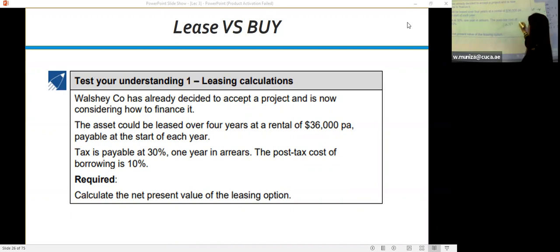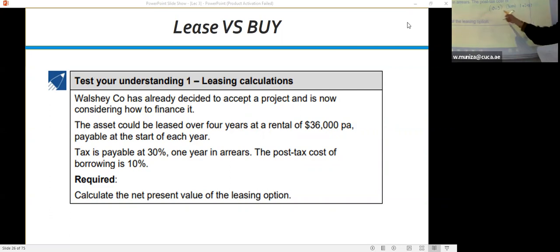How much payment is there? Cash flow is 36,000. The annuity factor, with post-tax cost of debt at 10%: for which years are you going to see the factor? Years 1 to 3, right? For year 0, it will be 1 plus. What is the annuity factor for year 3 at 10%? It is 2.487. So what is the present value?